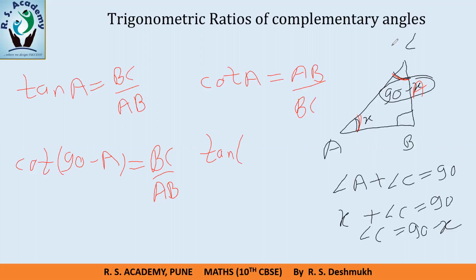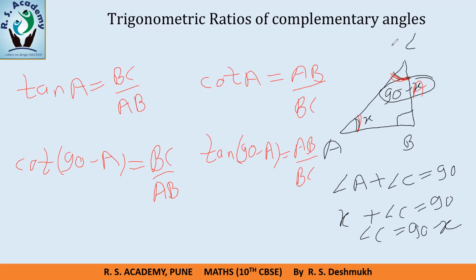Same thing, I am going for one more. Let us find the tan of 90 minus A. Tan of 90 minus A is what? Opposite to this. This is 90 minus A. Opposite upon adjacent, that is equal to AB upon BC.